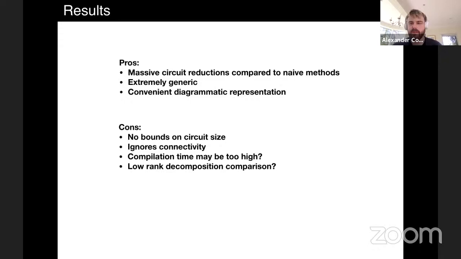We have some ideas for how this might work with connectivity in mind. The compilation time is quite severe. And also we don't know yet whether it's better than the low rank decomposition methods of Mario Motta from 2018, because we haven't managed to acquire a working implementation yet.